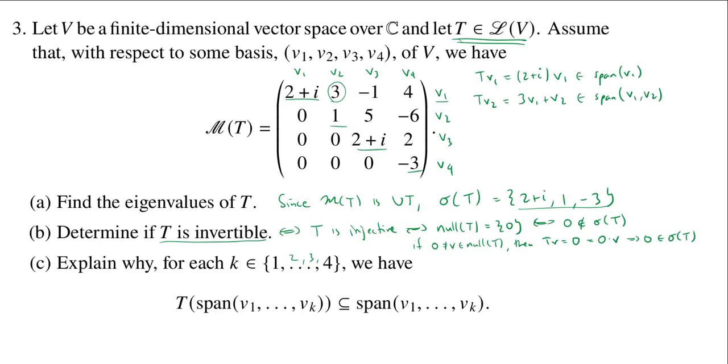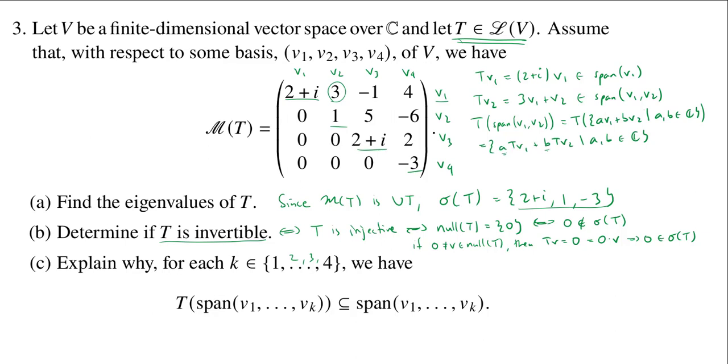Now notice that if I take the span of v1 and v2 and apply T to it, let's see, T of the span of v1, v2 is equal to T of all things of the form a v1 plus b v2, where a and b are in C. But T is linear, so this is the set of all things of the form a T v1 plus b T v2, where a and b are complex numbers. But T v1 is in the span of v1, and T v2 is in the span of v1, v2.